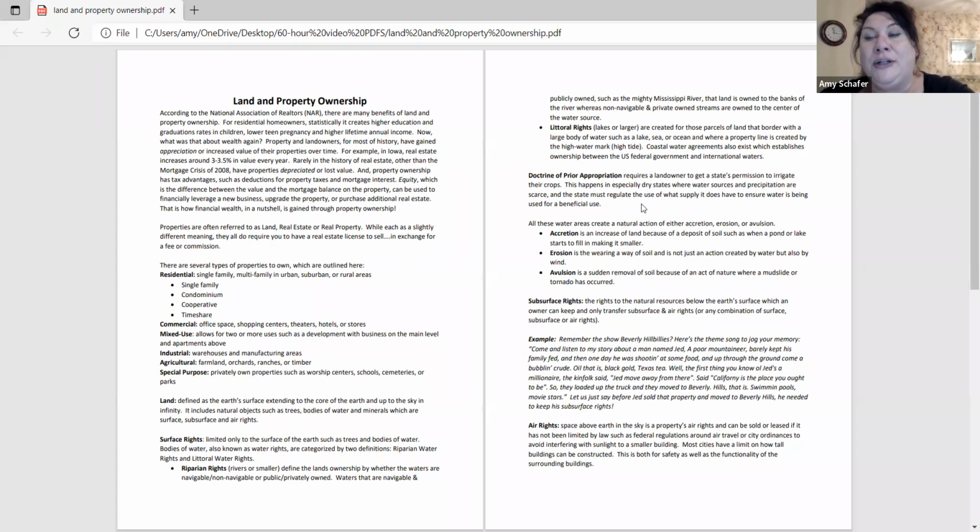Farmers work very hard to keep their topsoil on their land. Otherwise, water, wind, other Mother Nature activities can cause that topsoil to drift somewhere else. And when it drifts somewhere else, it's called erosion. But where it ends up is called accretion.